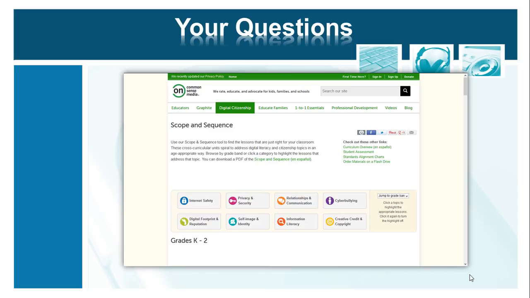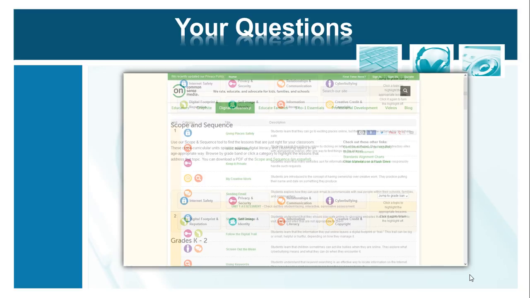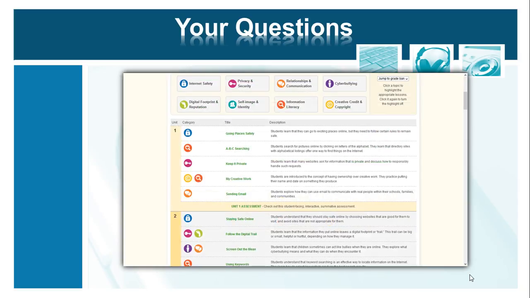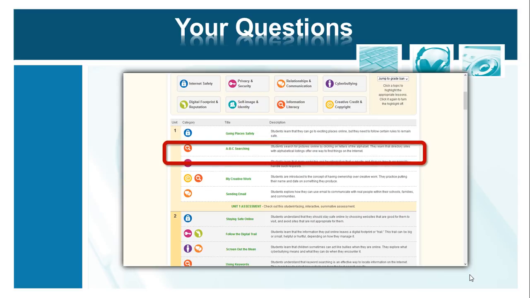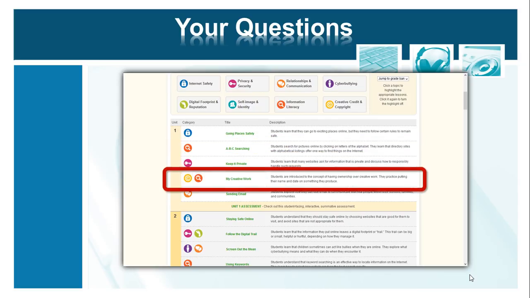So, for example, the Common Sense Media website has all sorts of information that we saw before that was useful for privacy and security and cyberbullying, but also they talk about information literacy. For kids K to 2, they have ideas and activities for searching, also for understanding about having ownership over creative work.